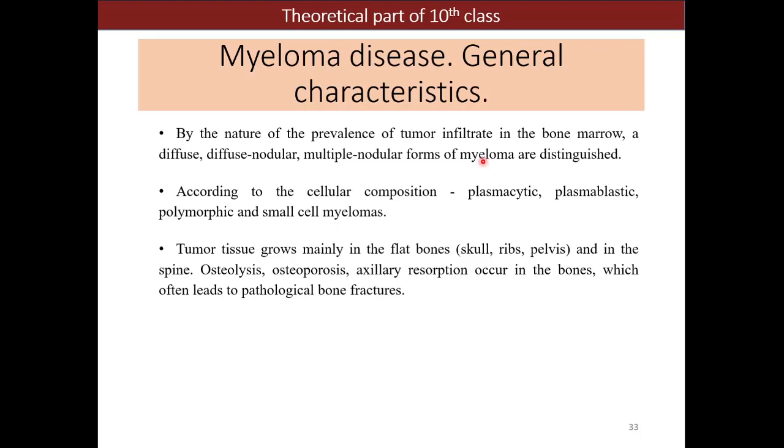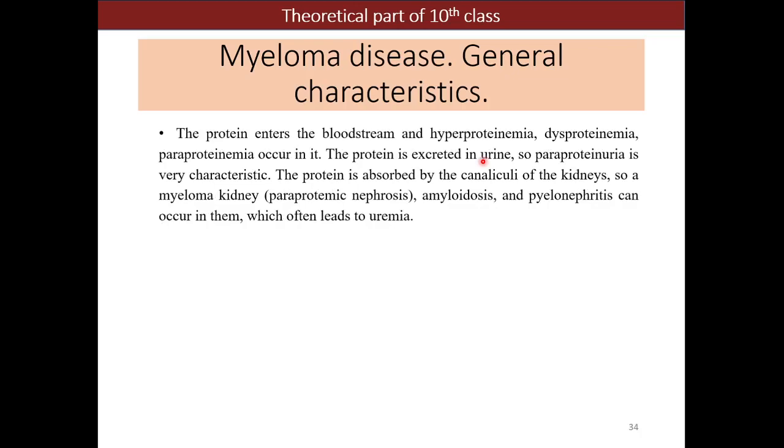Tumor tissue grows mainly in the flat bones like the skull, ribs, pelvis, sternum, and so on, and in the spine. Osteolysis, osteoporosis, and lacunar resorption occur in the bones, which often leads to pathological bone fractures. One of the most typical complications is a bone fracture. The protein enters the bloodstream, and hyperproteinemia, dysproteinemia, paraproteinemia occur.